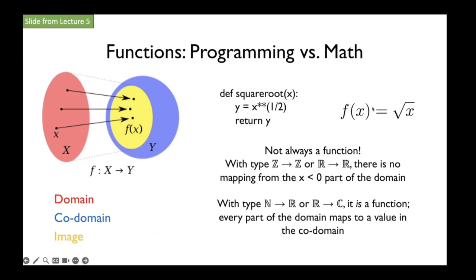But in Lean, we might have a function called Real.sqrt, and from a math perspective, this is not always a function, because once you have a negative value, then if this is supposed to be a real number, if it is real to real, there's no part of the real domain that maps to the real codomain. Okay. If instead I did real to complex, then it is a function because there is a mapping from the real domain to the complex codomain.